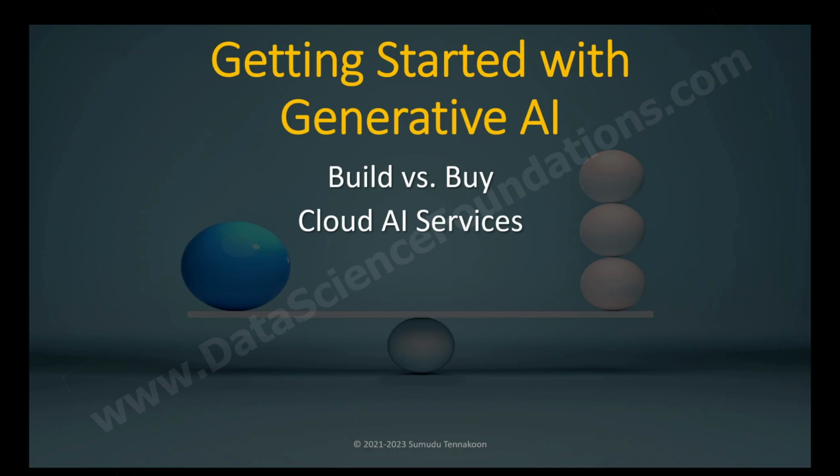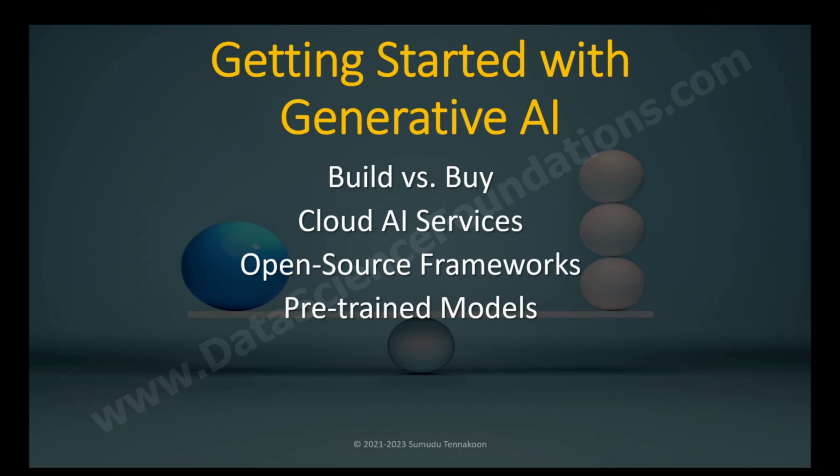Whether you use cloud AI services, or you want to have it on-premise, with your own servers running generative AI to do various tasks. And also, if you want to have a system, are you going to build upon open source frameworks and open source pre-trained models, or use cloud AI services, or some packages you can buy and install in your infrastructure?